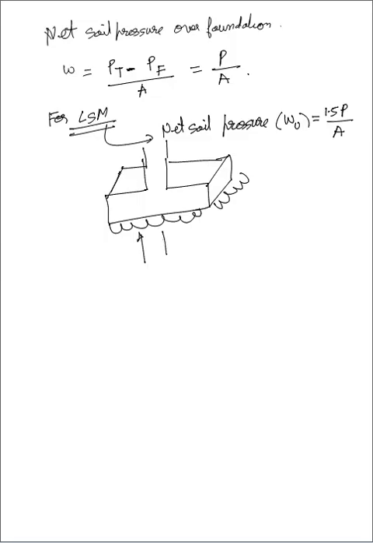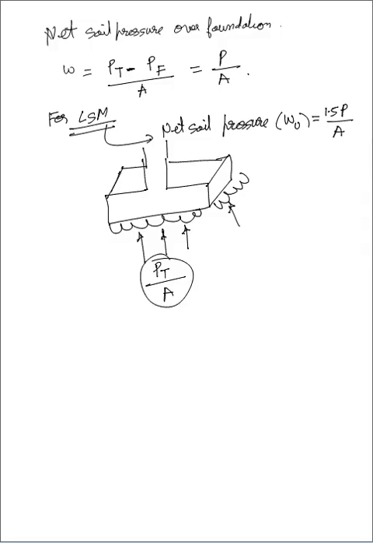Here the force acting beneath the soil is force, or we can say stress. Stress is force upon area. So which force? It will be the total force, PT upon A. It is PT upon A because it is the total force: force coming from the column as well as force of the foundation. That's why it is PT upon A.